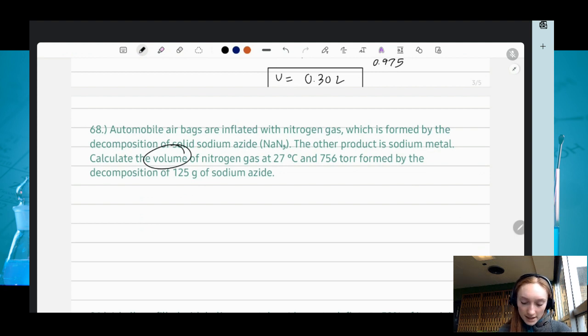And we need to know this reaction equation of the NaN3 and sodium metal. We'll need to know how many moles of each for possible conversions. We know the temperature, we know the pressure, and we know the mass.